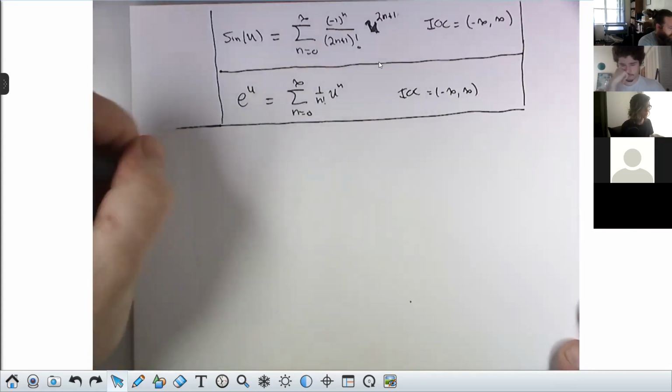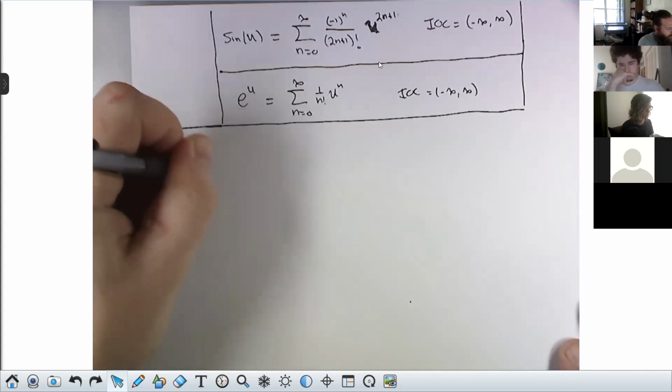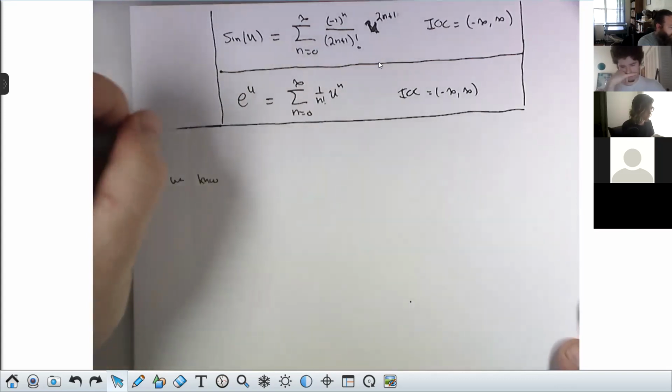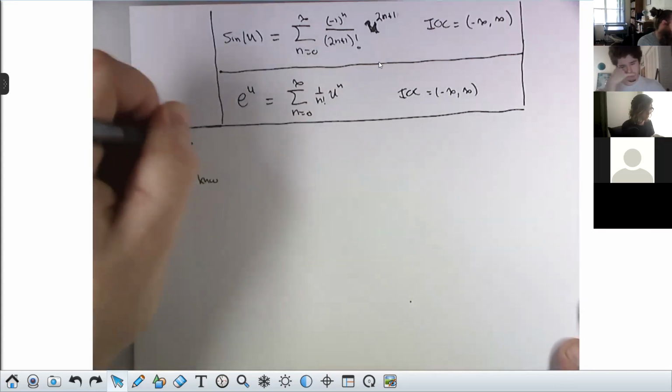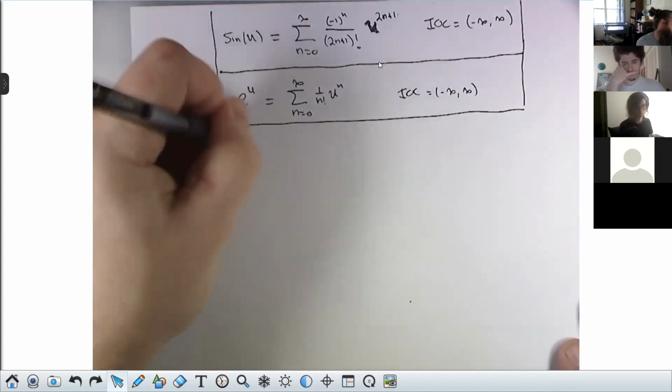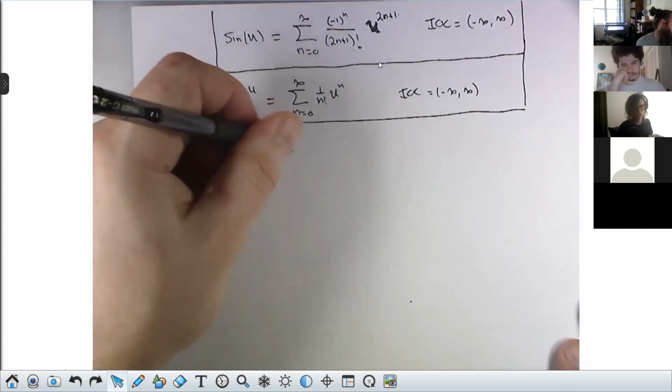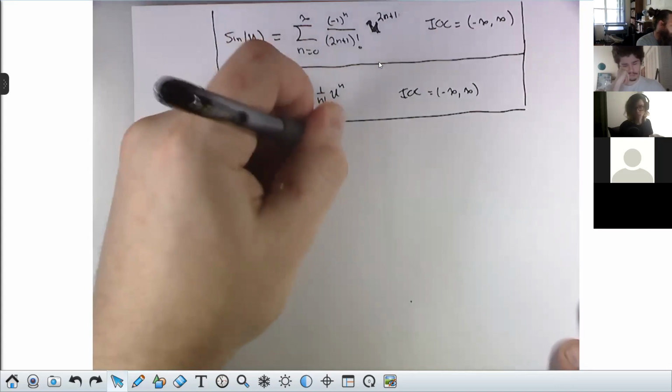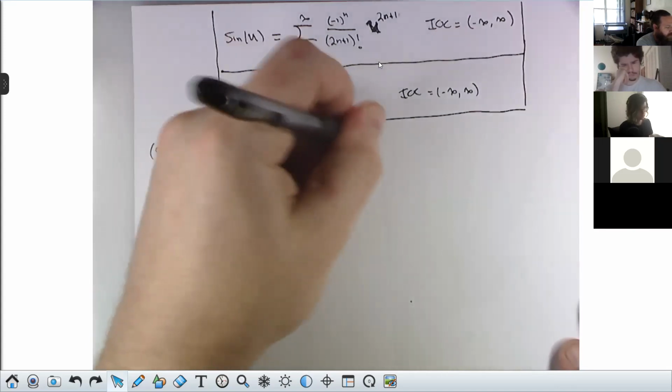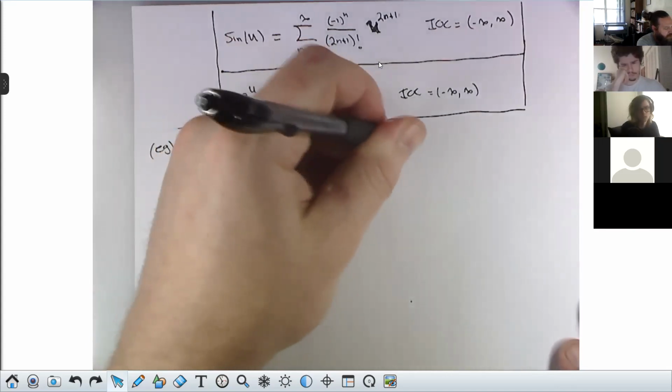So we know, I guess I should write here, example: find the power series for f(x) equals cos x.